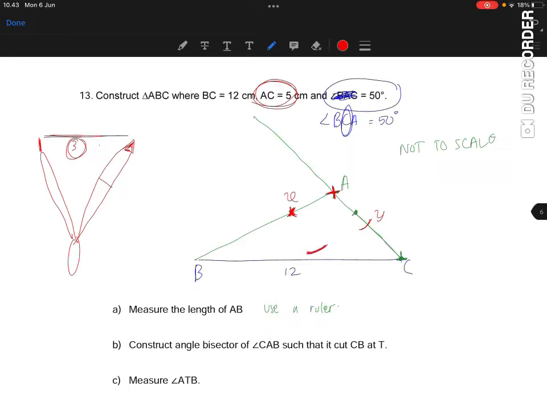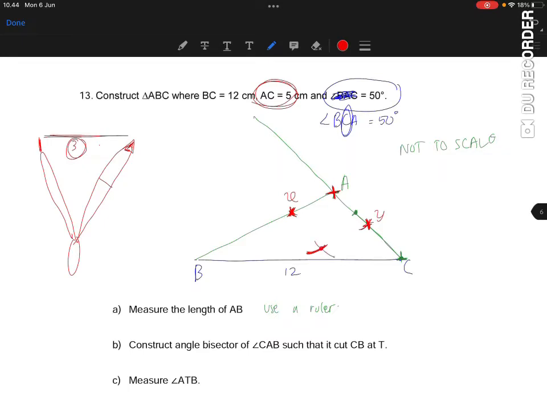Draw the arc, and then put your needle on Y in the same way, mark it and draw the arc there. Then you get the intersection point.